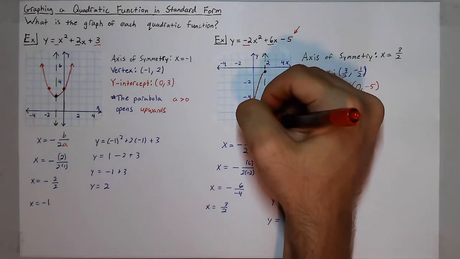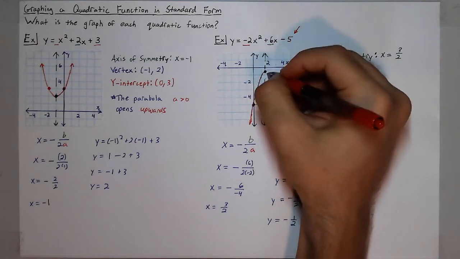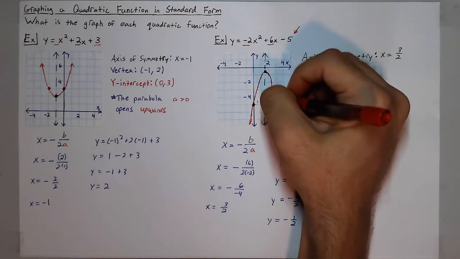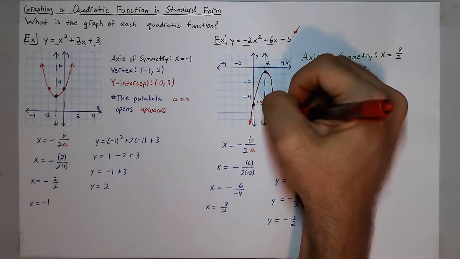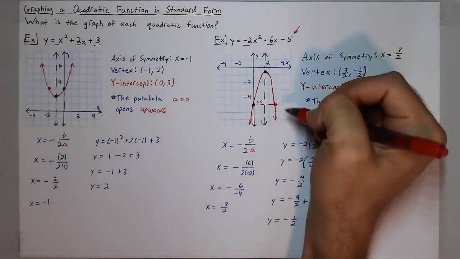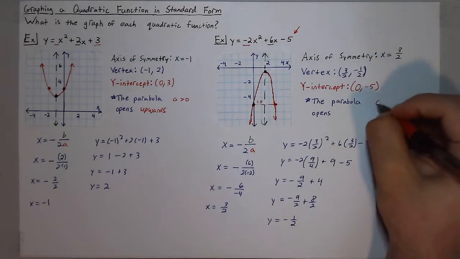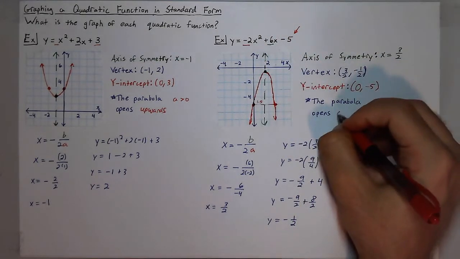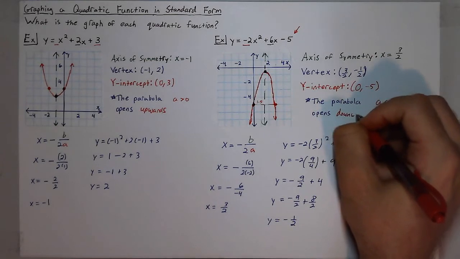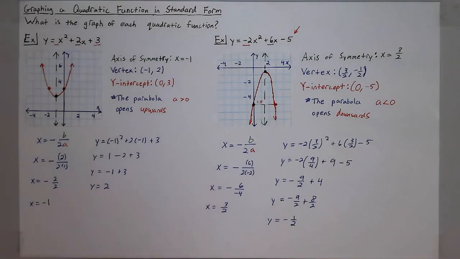I didn't double check for our graph, but the a value is negative, so that means this parabola should open downwards. Since a is less than 0, the parabola opens downwards. And that is how you graph a quadratic function in standard form.